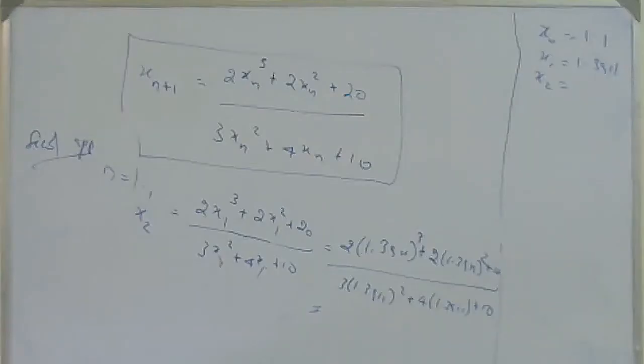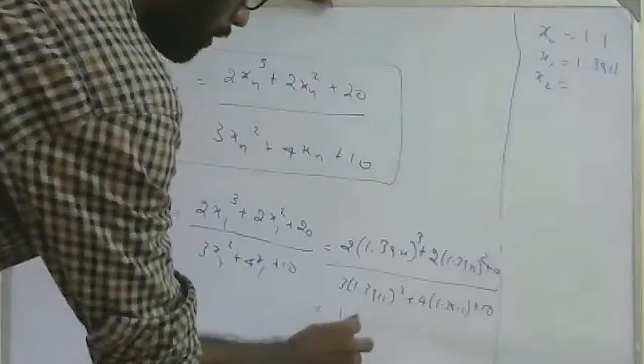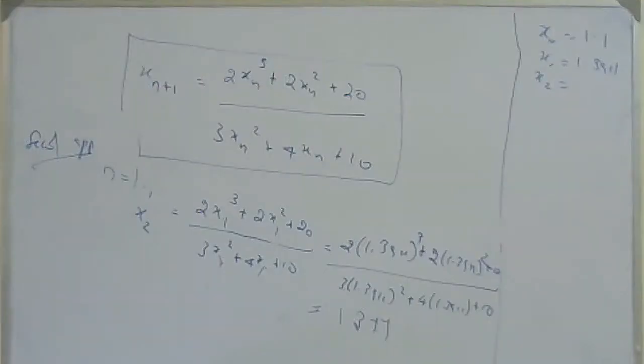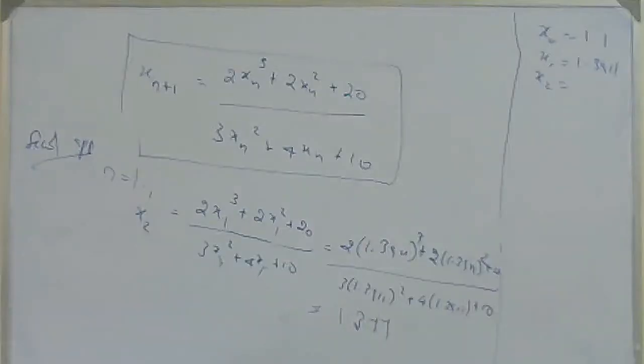Yes. X2 is 1.377. One more decimal point?